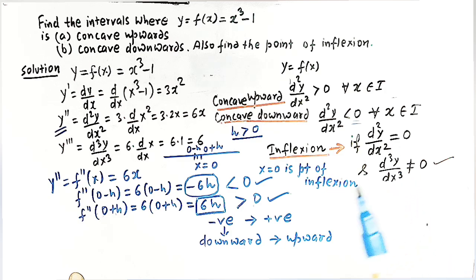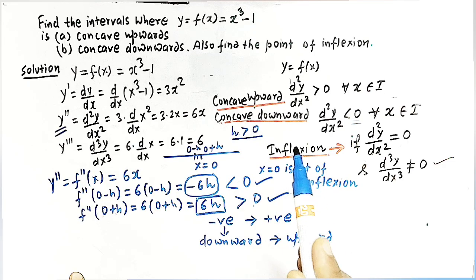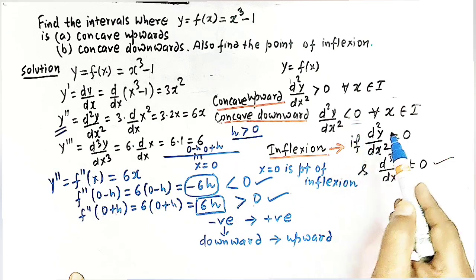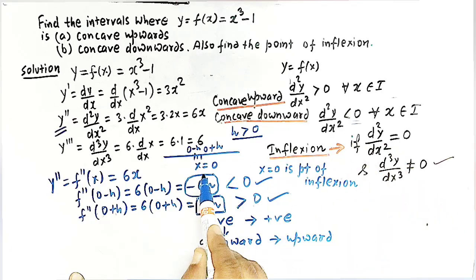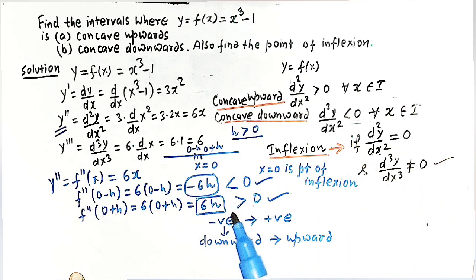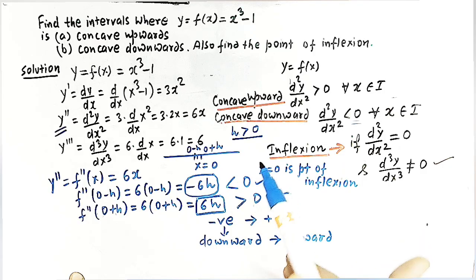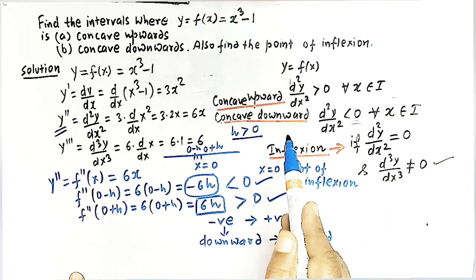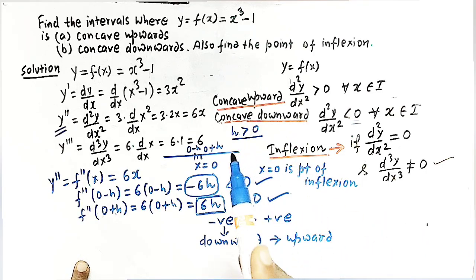And from the definition of point of inflection, we know that a point of inflection occurs at a point where the second derivative is 0, right? And when the second derivative is 0, we have the point x is equal to 0, and there is a change of concavity of the curve at that given point, right?